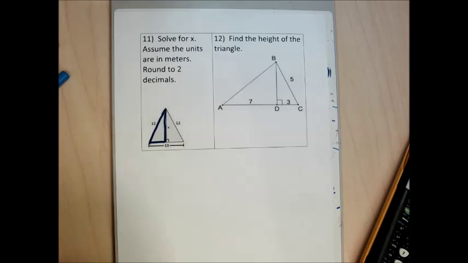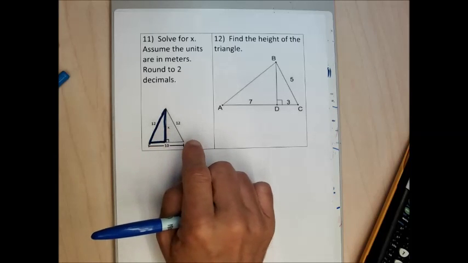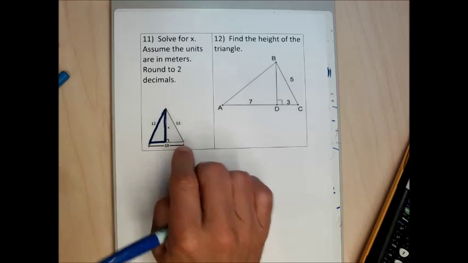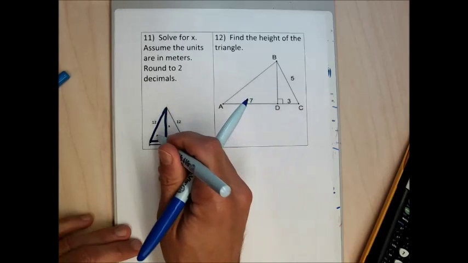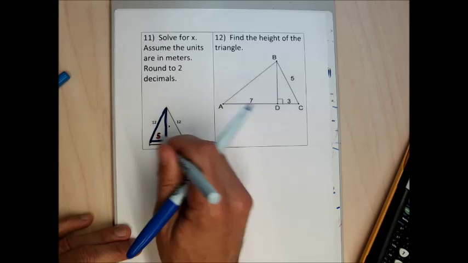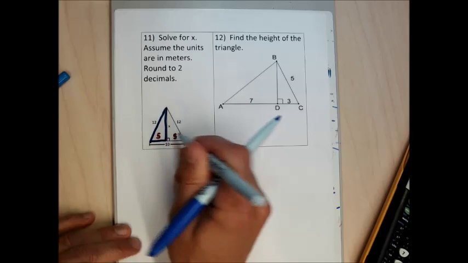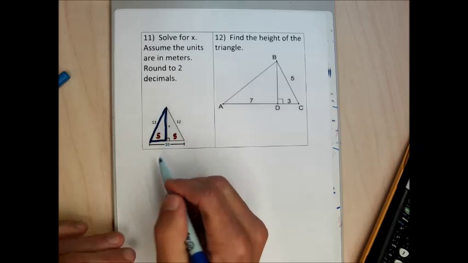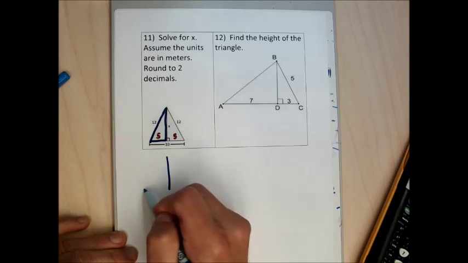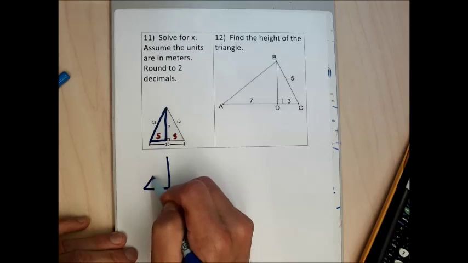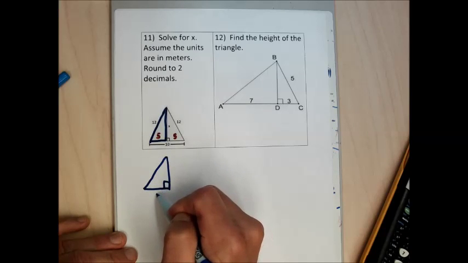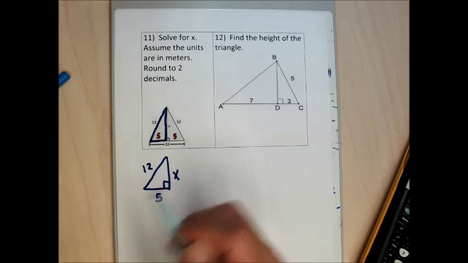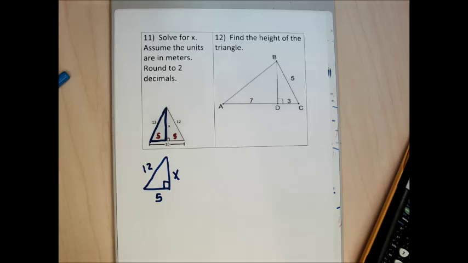And you're going to have to assume, because this is an isosceles triangle, that the height breaks the base up into two equal sides. You're going to have to assume in your triangle that this length of 10 is broken up into 2 equal 5s. So the triangle that you're going to need to work with as you go to do problem 11 is this triangle. You're just trying to solve for x, so you only need one triangle to do that.